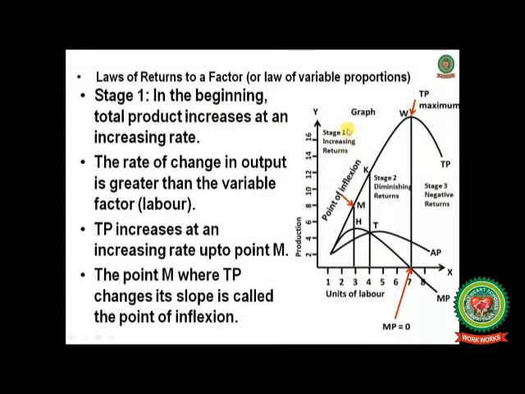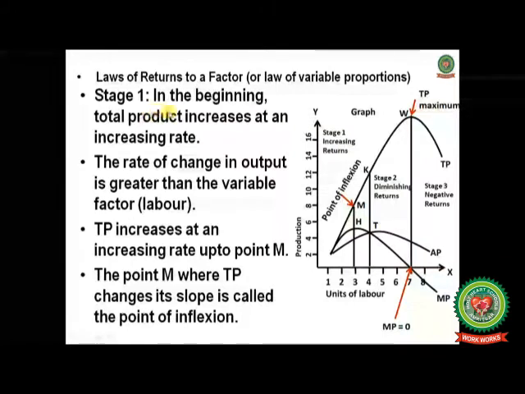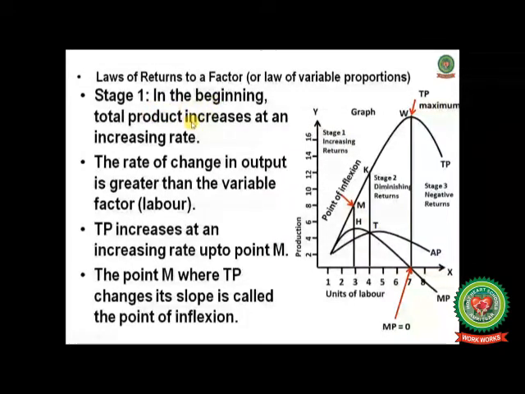Next, under stage 1, firstly the total output increases with the increase in the units of laborers till the 4th unit of laborer.